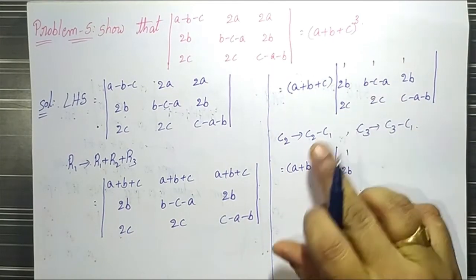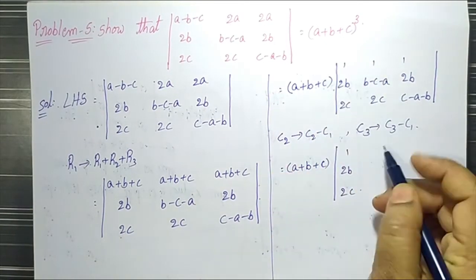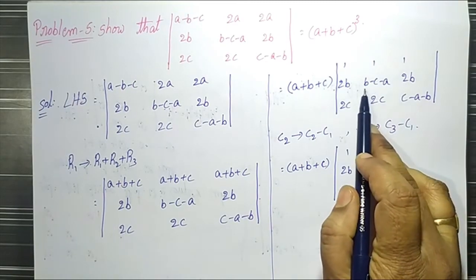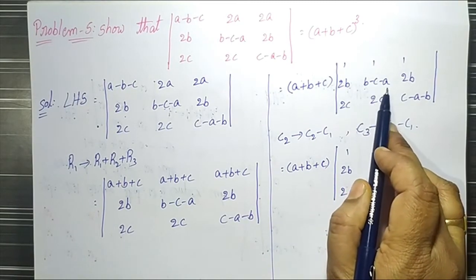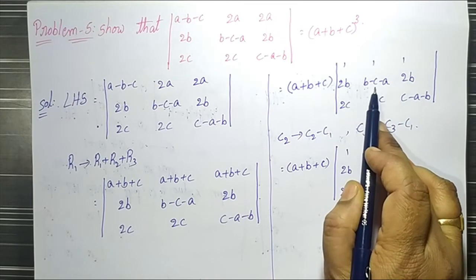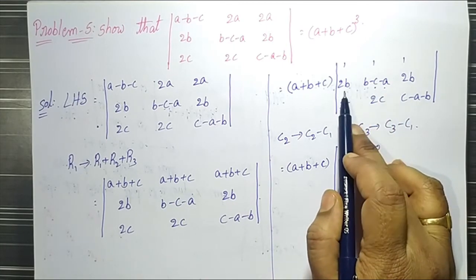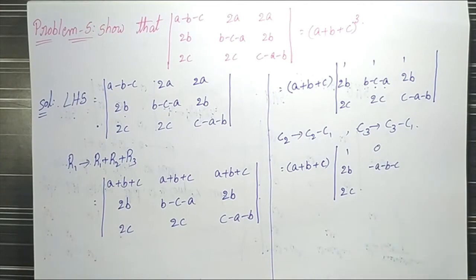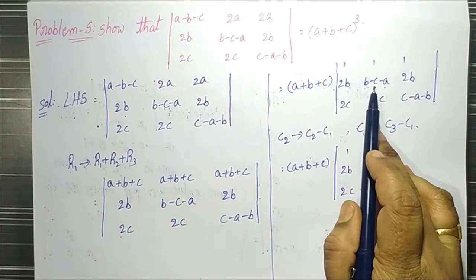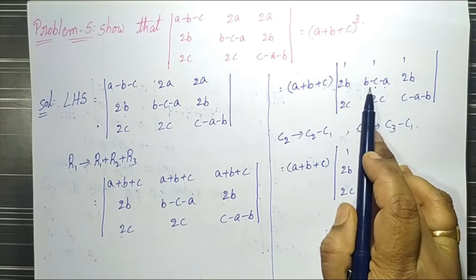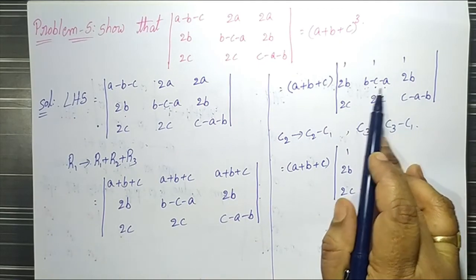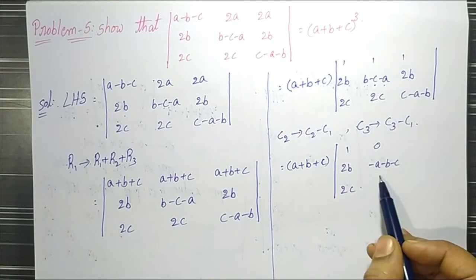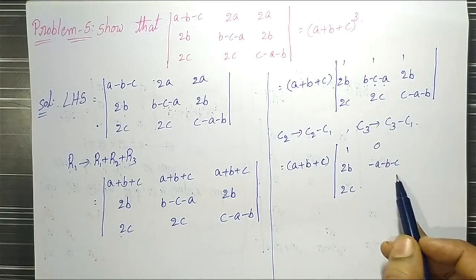For the C2 column, C2 minus C1, that means 1 minus 1 is 0, b minus c minus a minus 2b, that means this value is minus a minus b minus c, because b minus c minus a minus 2b gives, in order, minus a minus b minus c.